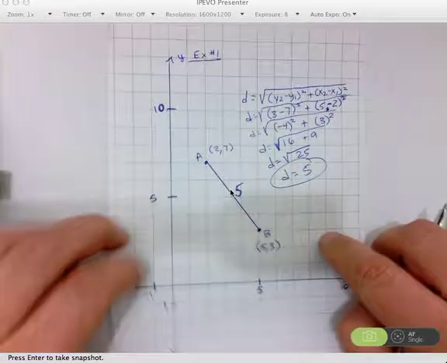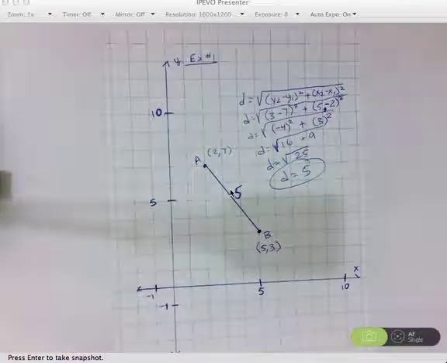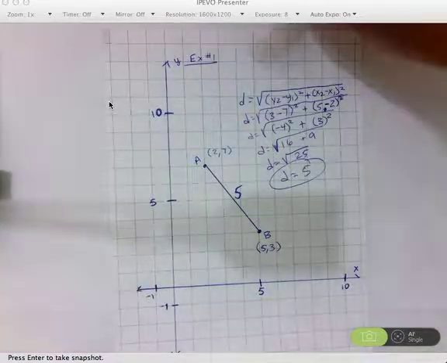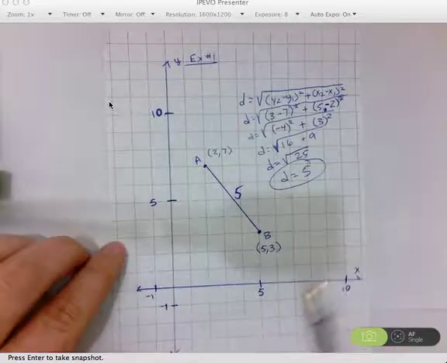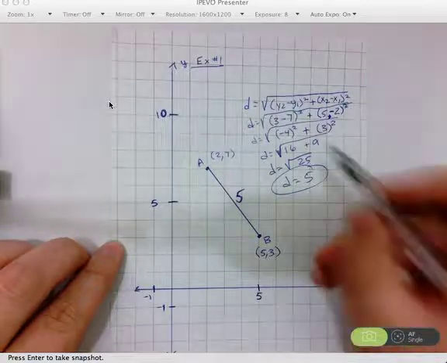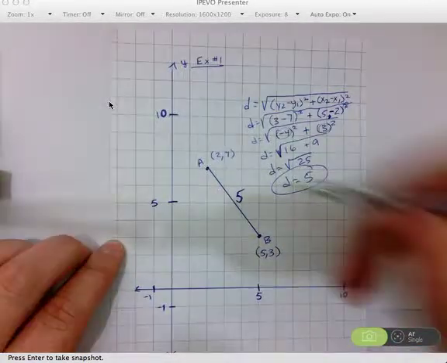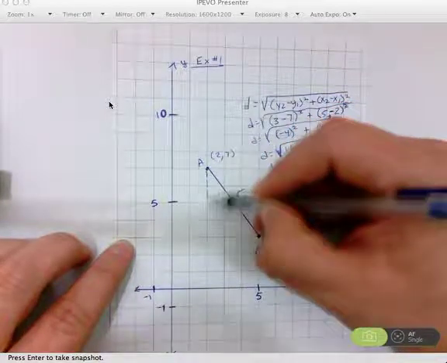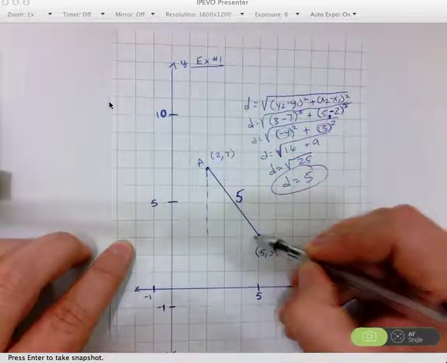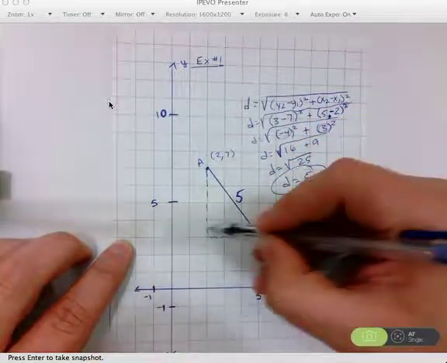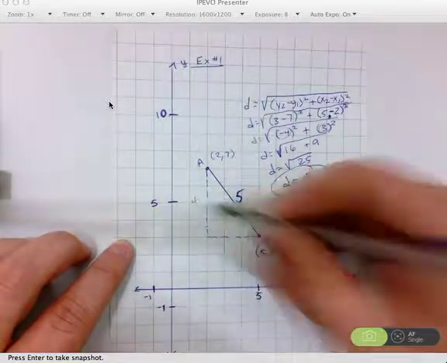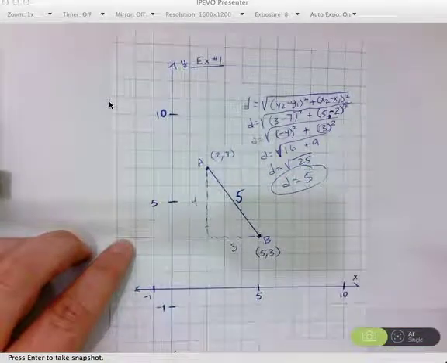I just want to show you another sort of shortcut trick about this. If you notice, we have 4 and 3 up here. This is very closely related to what this would be if it were a triangle. 1, 2, 3, 4. This length would be 4, and this length would be 3. I'm not going to go into this today in this video.